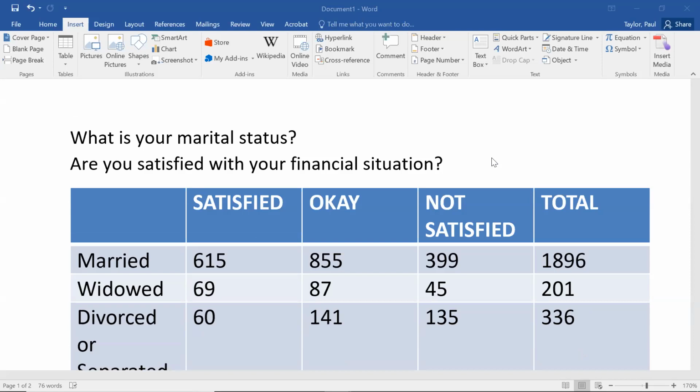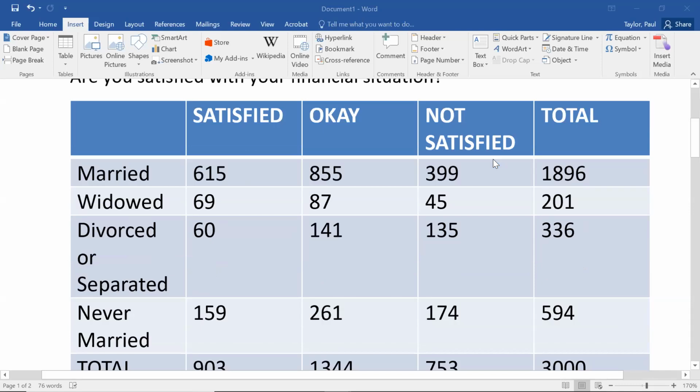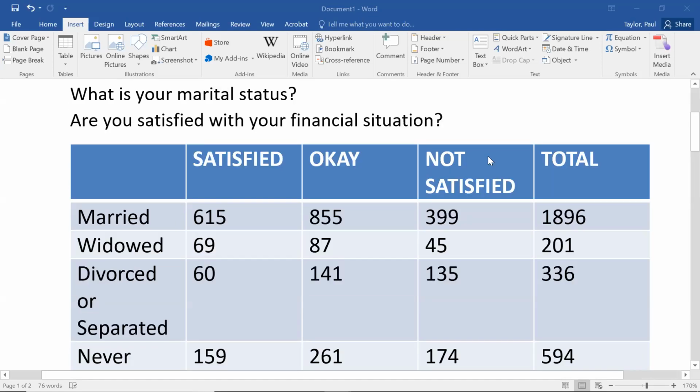Two of the questions that they had on there were, what is your marital status? The options were married, widowed, divorced, separated, or never married. And then a second question that I pulled off of there was, are you satisfied with your financial situation? The options were satisfied, okay, and not satisfied.